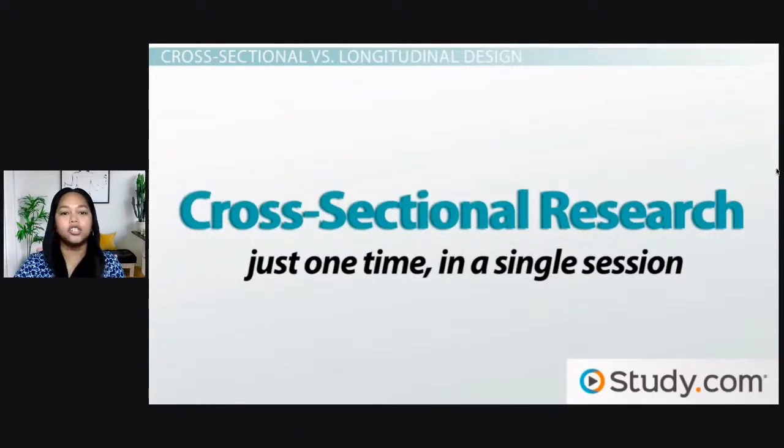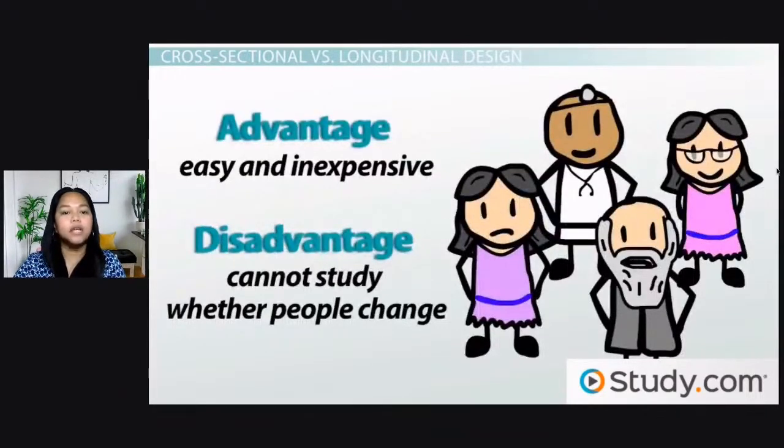The advantage of this is that it is easy and very cheap to do. But one disadvantage is you cannot study how people change over a period of time, dahil isang beses lang siya, panandalian lamang, one-time study lamang.